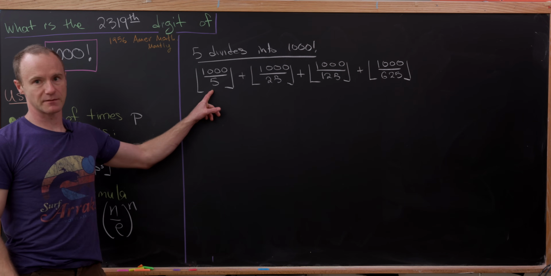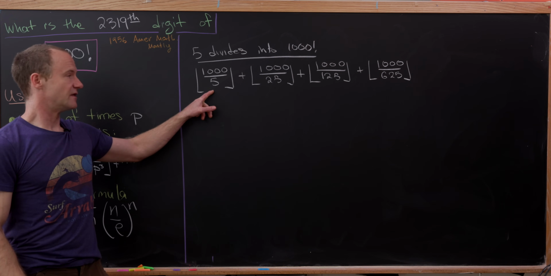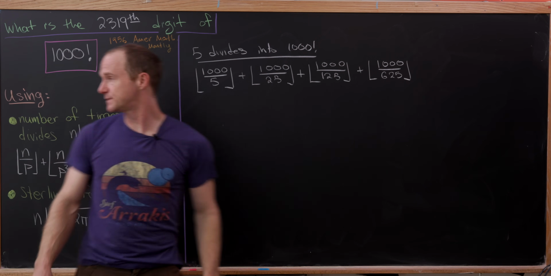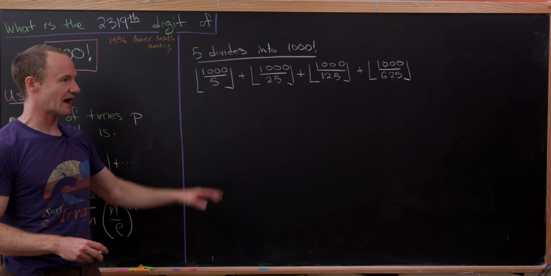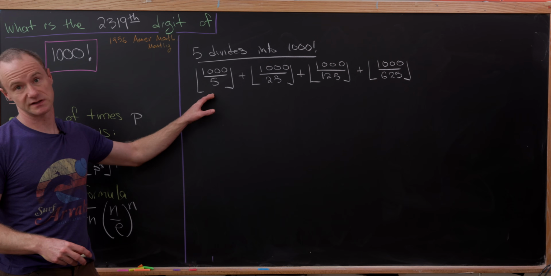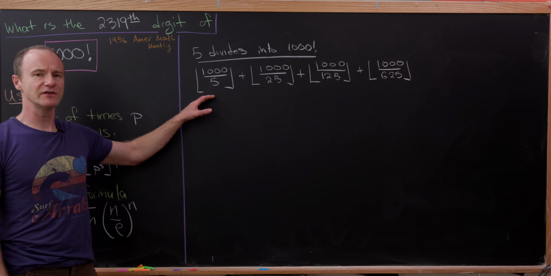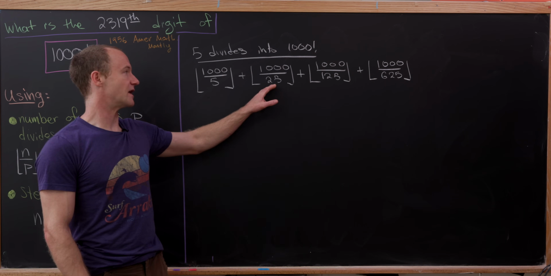And so let's talk a little bit about why this works. This first number counts the number of multiples of 5 that are between 1 and 1,000. And of course, because 1,000 factorial is the product of everything between 1 and 1,000, that counts the number of 5s that we encounter. But notice that every time we encounter a multiple of 25, we pick up another 5.